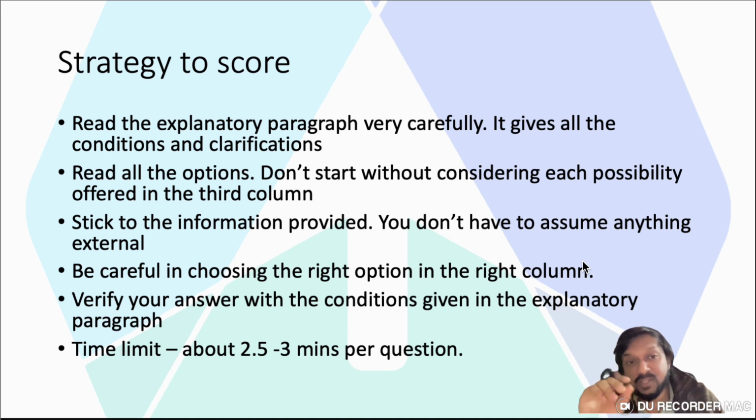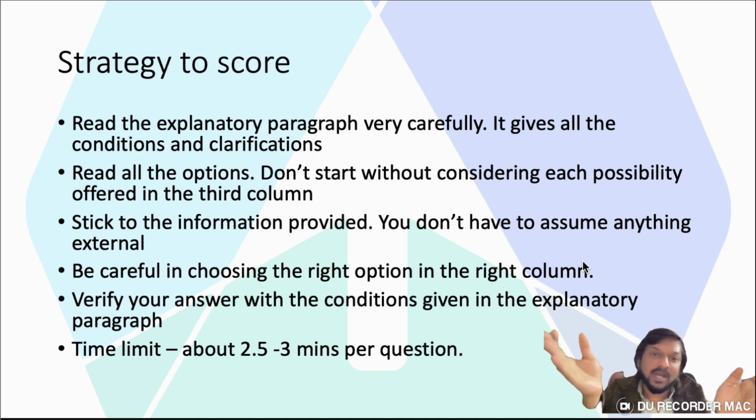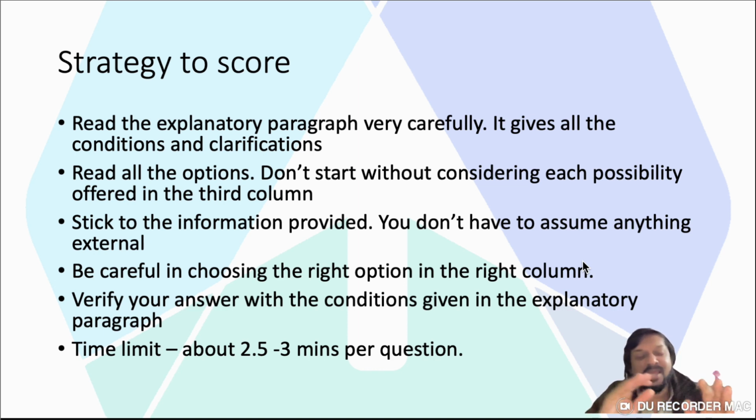Be careful in choosing the option. Understand what has been asked in the first column, what has been asked in the second column, and choose correctly. Most of the time what happens is you actually solve the question, but then you mark the options which are opposite to each other. That means you mark the correct option for column 1 in column 2 and for column 2 in column 1.